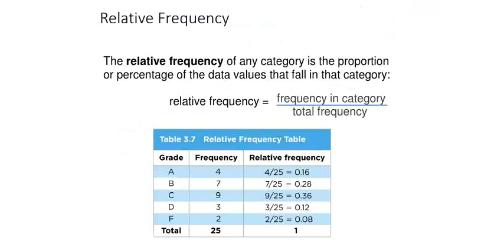There are a total of 25 grades in that list, so to find our relative frequency we divide 4 by 25 and find 0.16, or 16%, is our relative frequency for the A's. 7 out of 25 or 0.28, which is 28%, represents the B's, and so on down our list.